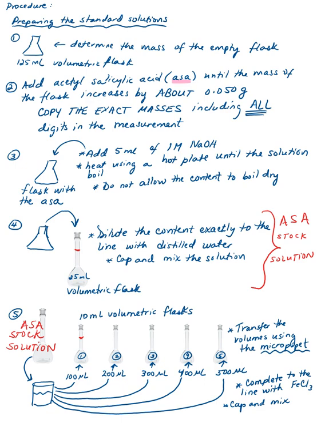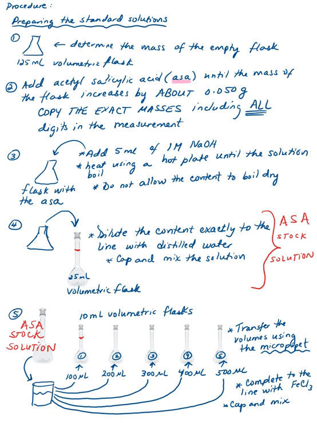So you have your stock solution, the one that you prepared with the acetyl salicylic acid in your volumetric flask with a total volume of 25 milliliters. From that solution, you're going to transfer some into a beaker, and from your beaker, you're going to use a micropipette to take the volumes that are indicated in your lab manual. So you're using 100 microliters, 200, 300, 400, and 500 microliters.